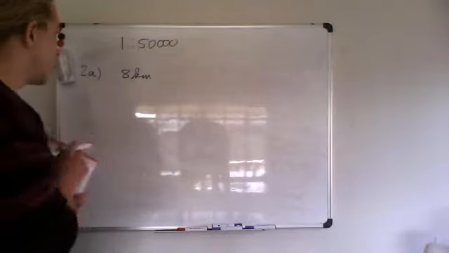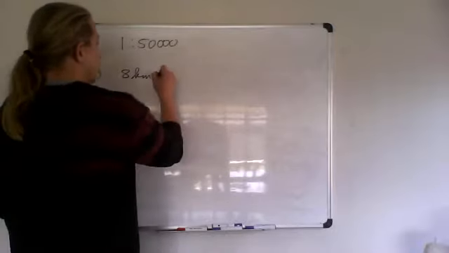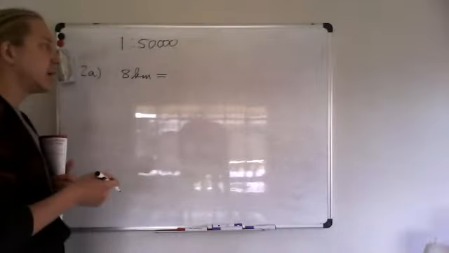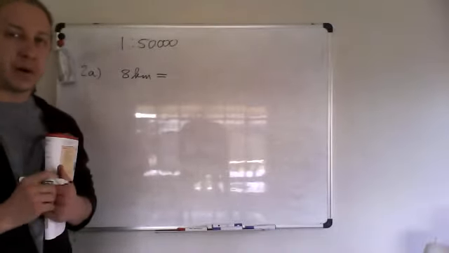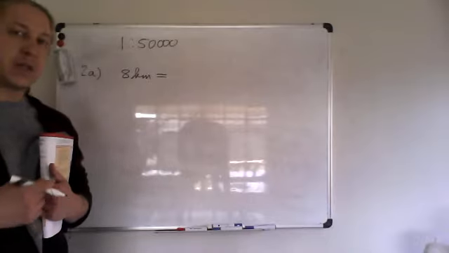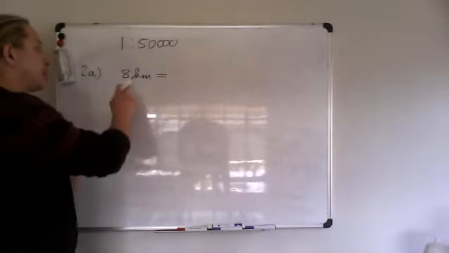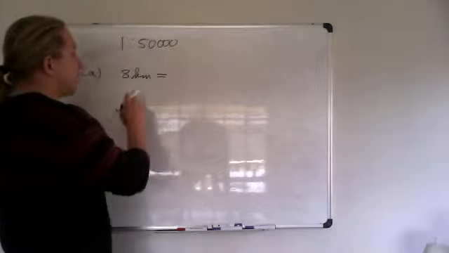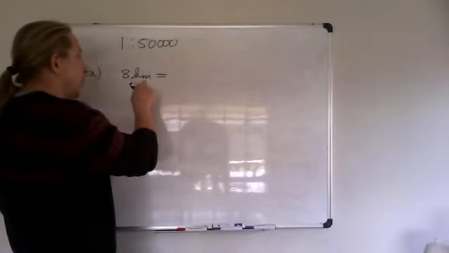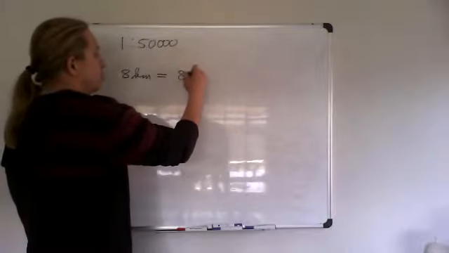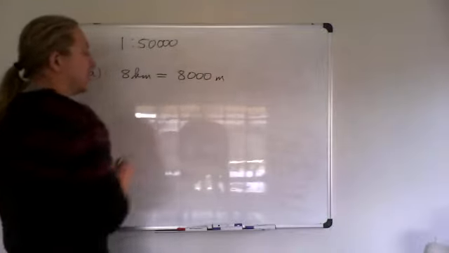Okay, let's do that. So 8 kilometers, we have to get to centimeters. Yes, you can go straight to centimeters if you know exactly what to multiply it by. If you don't, then we're going to do it in steps. So 8 kilometers into meters, we are going from big to small. We are multiplying. So multiply by 1,000, so this will equal 8,000 meters.